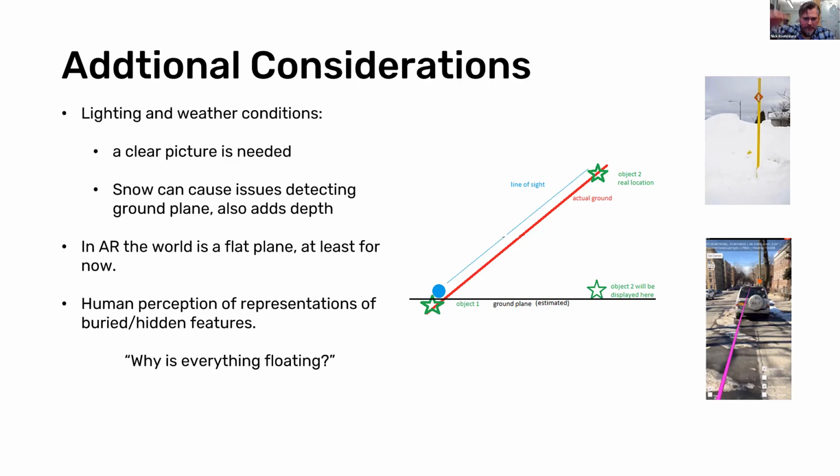And if there's an object way up high on a hill and the ground plane is here, it's going to put the object here, if the object is located on the ground in your augmented reality data model. Hopefully that makes sense. So hills are a problem.